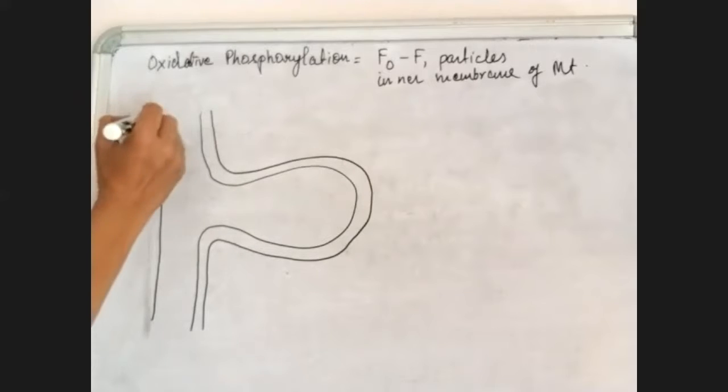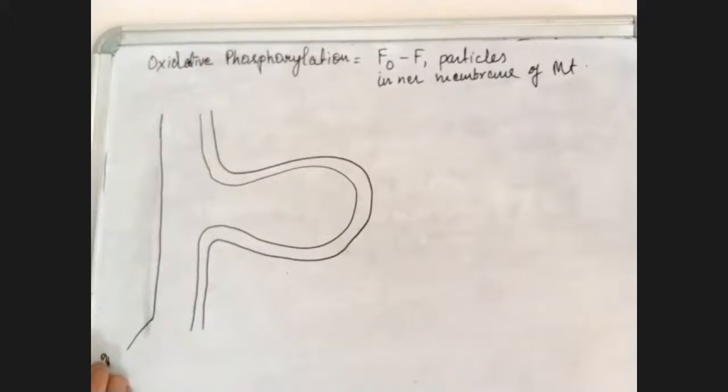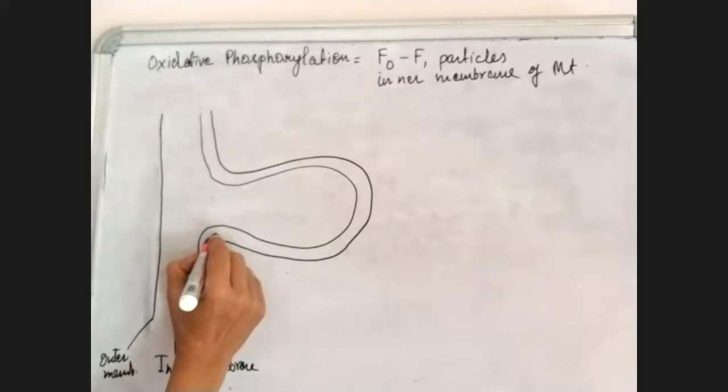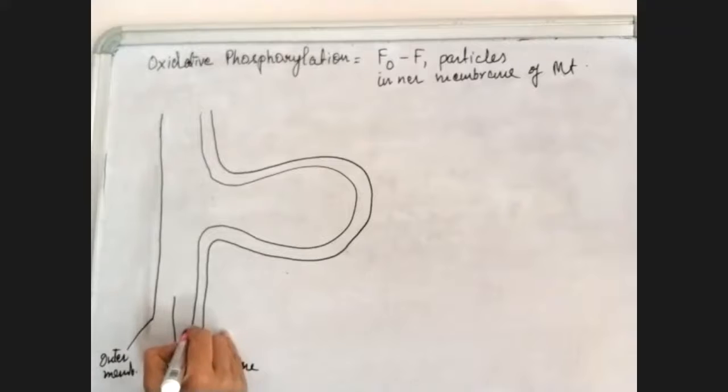This is outer membrane, which is of no use to us. This doesn't play any role. This is intermembrane space. And this is inner membrane. This complete structure is inner membrane.